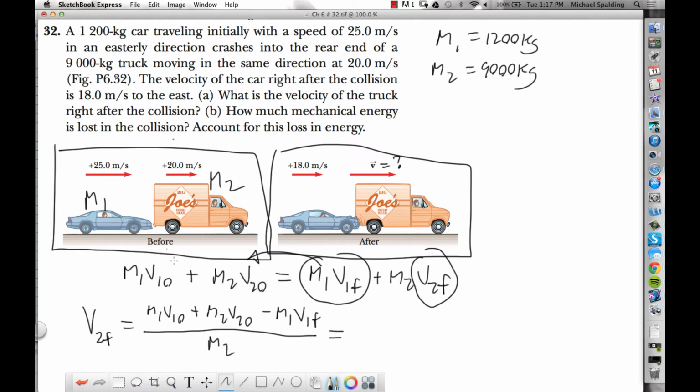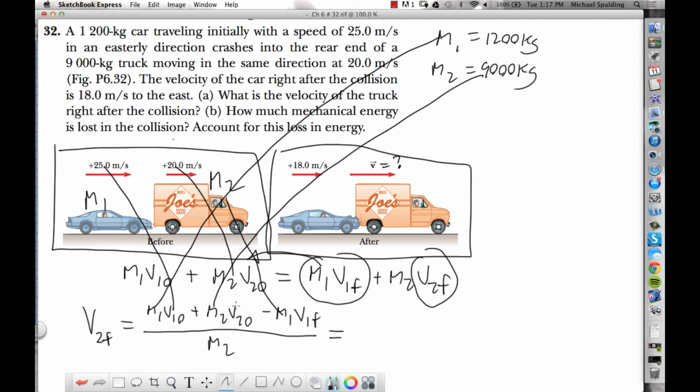M1 is 1,200. V1 initial is 25. M2 is 9,000. 20 is the V2 initial. V1 final is 18. And then M2 goes there.